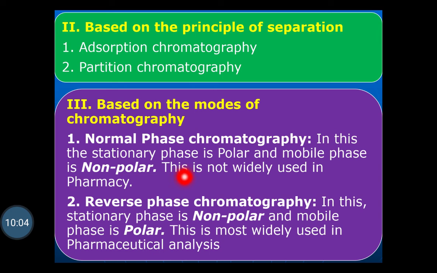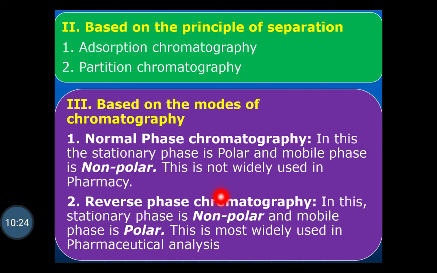Normal phase chromatography is not widely used in pharmacy. In pharmacy, reverse phase chromatography is generally used, and it is the reverse of normal phase chromatography, where the stationary phase is non-polar and the mobile phase is polar in nature.